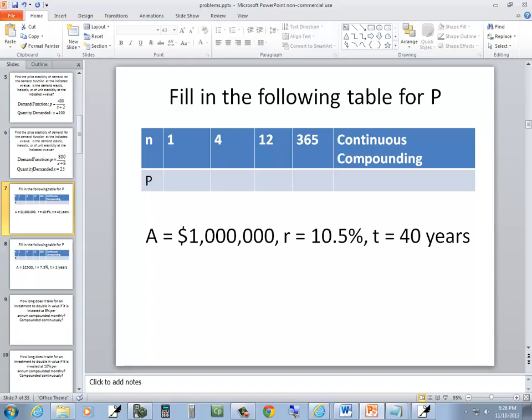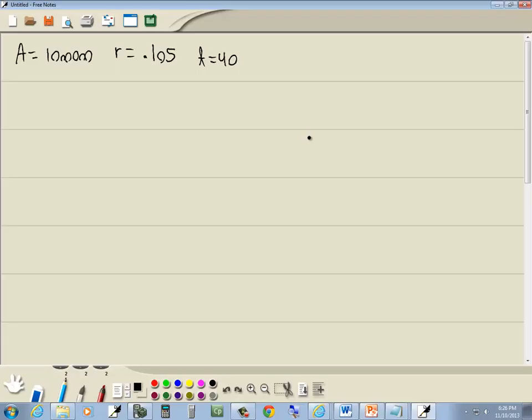First four gives us n values. So we want to use this formula. A is equal to P times 1 plus R over N to the NT power.